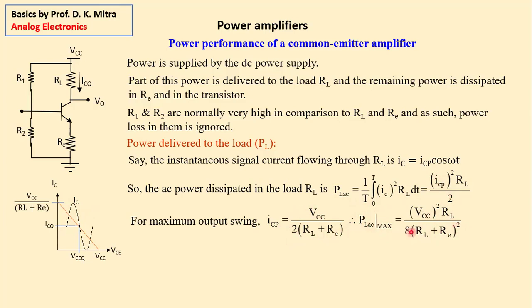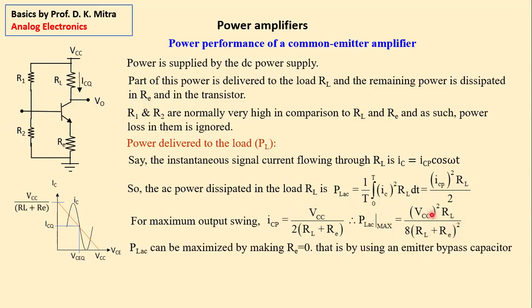Then there was a 2 here, it becomes 8, and in the numerator there is an R_L. So this is the maximum possible power which can be delivered by this amplifier. There is a limit, right?